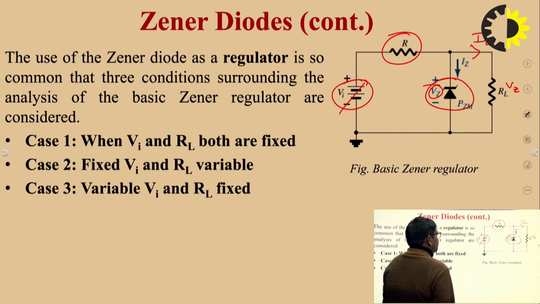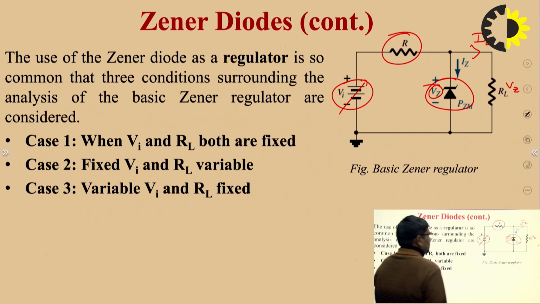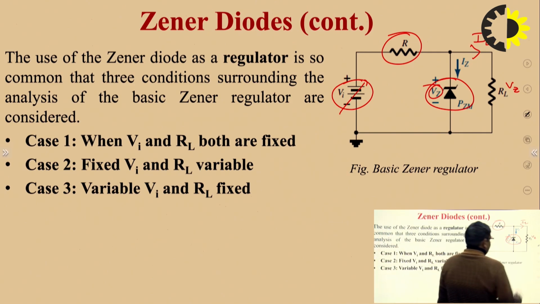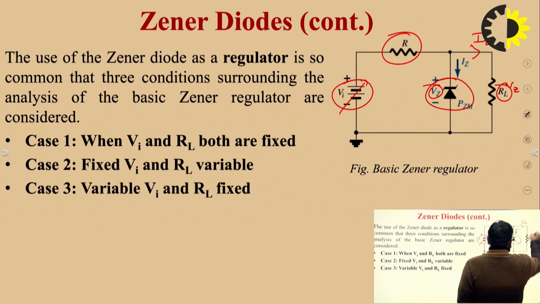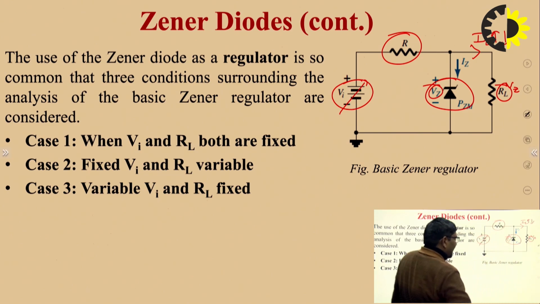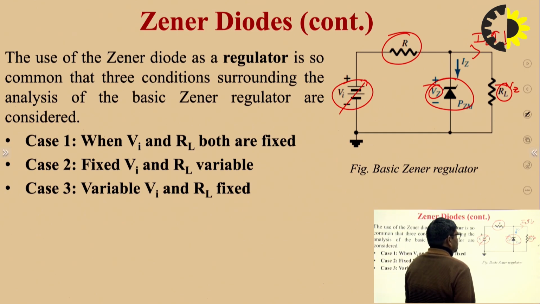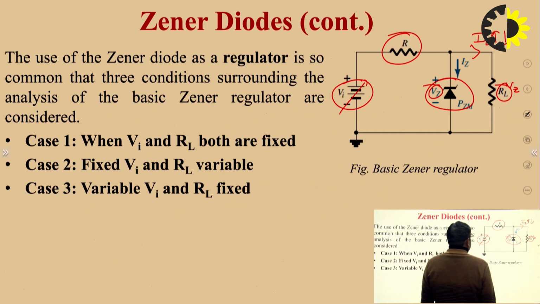In this case, if the input voltage is increased or decreased, the load current in RL increases or decreases, so the IL into RL drop would change and the voltage would not be fixed. If we fix this output voltage at Vz, this type of regulation is called line regulation.